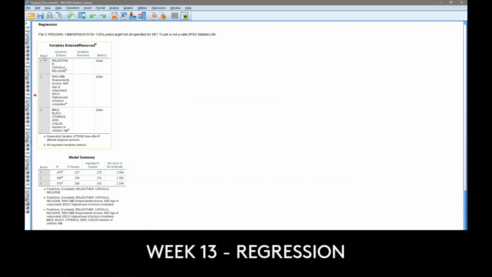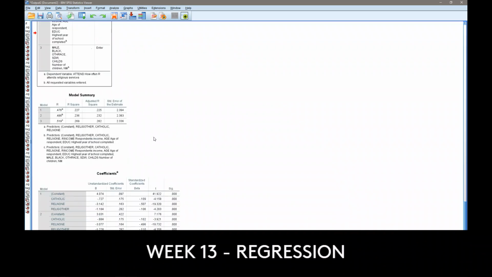The output tells us that. All right, model 1, you included religious denomination categories. Then in model 2, you added income, age, education. And then in the final model, you added sex, race, marital status, and number of children. So it tells you what you've added there.